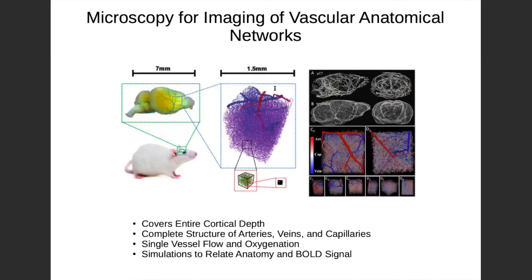Now, if you want to do those simulations, what you need as a basis is very precise knowledge of the anatomical structure of the vessels, and the work on these networks is currently in progress.